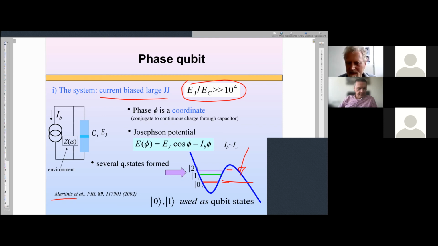It has to be readjusted again to stop in one of the potential minima. It is good to detect the states. The parameters were chosen such that the decay from level 2 is very quick, while the decay rates from these states are negligible. All right, so these two were used as the two states of a qubit.